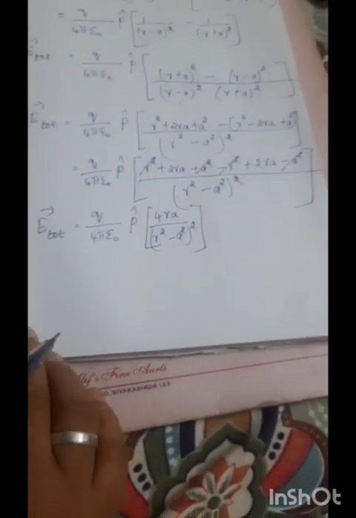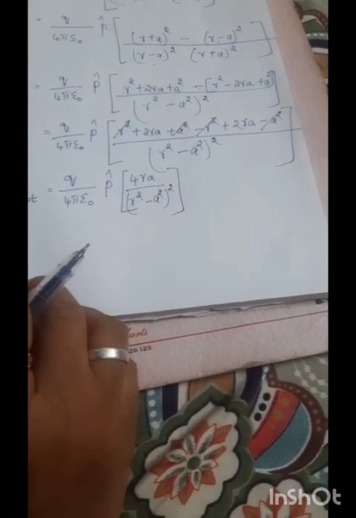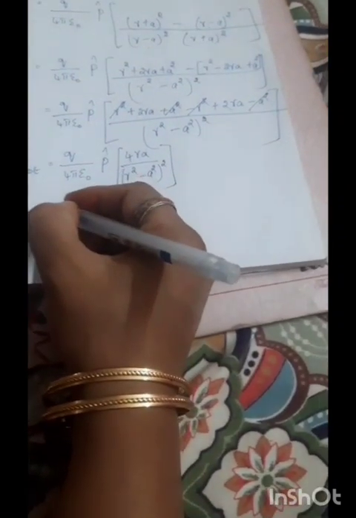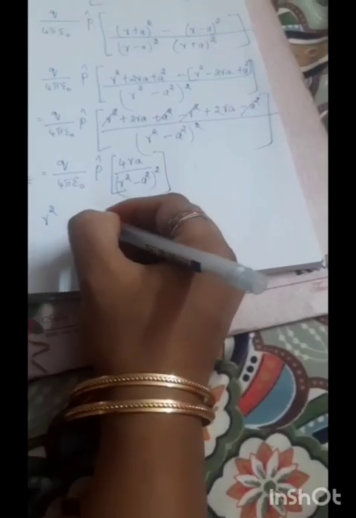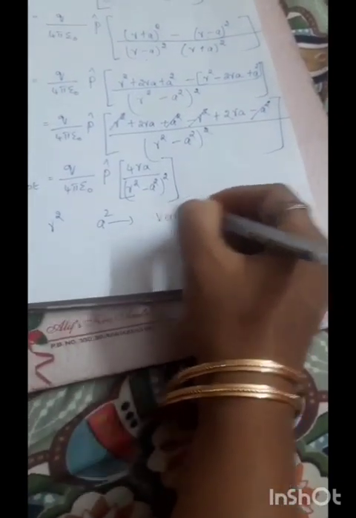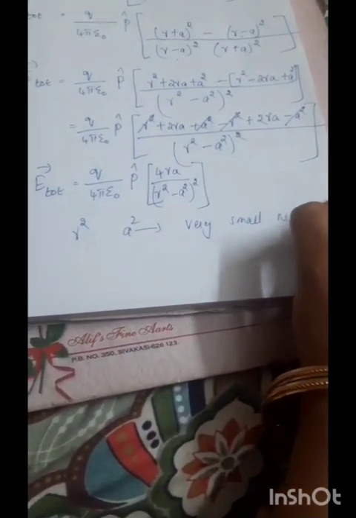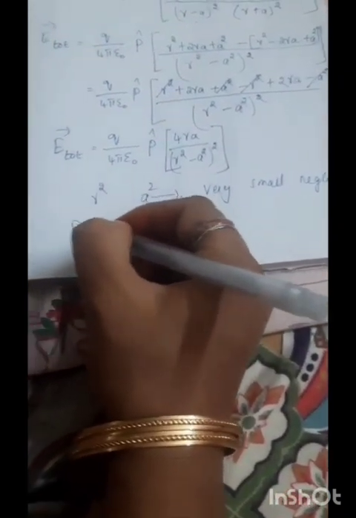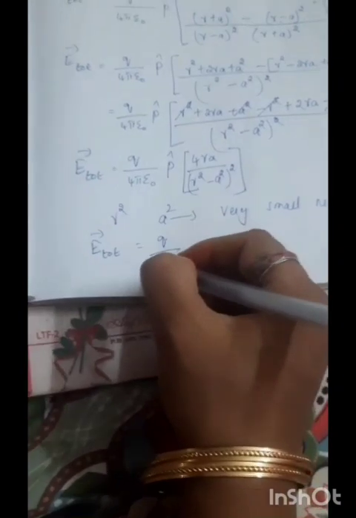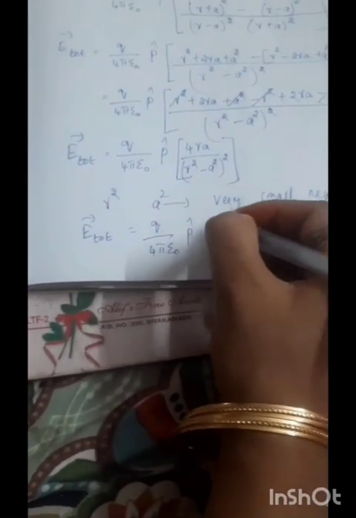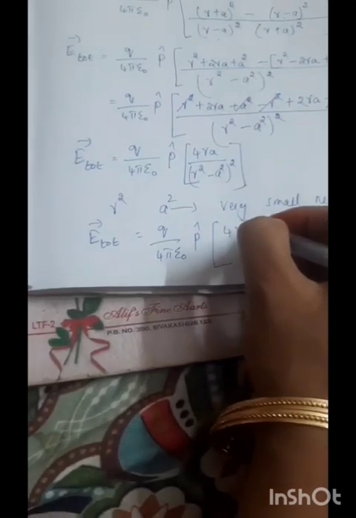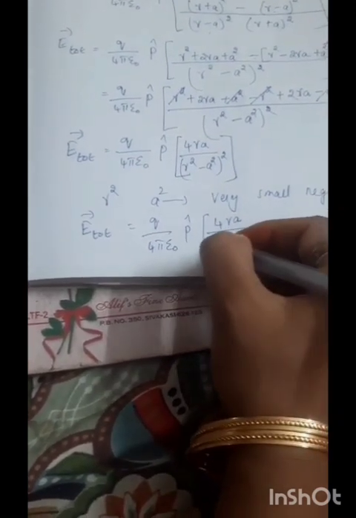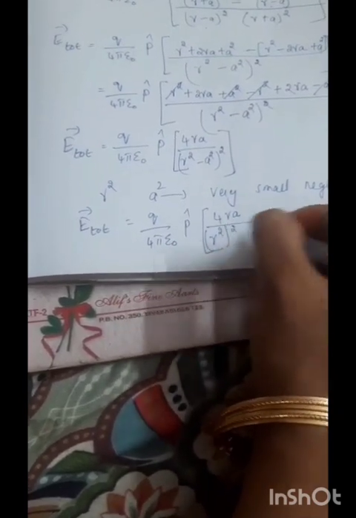Is it clear, children? So now here, suppose the point C is very far away from the dipole, then comparing r square value and a square, this a square is very small and so it can be neglected. Okay, a square is neglected. So now we will have E total vector is equal to q by 4 pi epsilon naught p cap into 4ra divided by, we will have only (r square) the whole square.